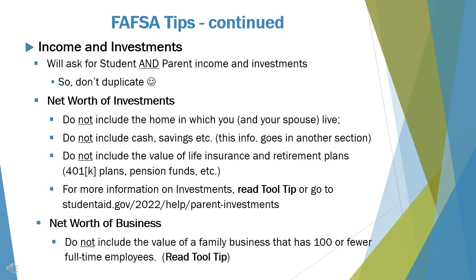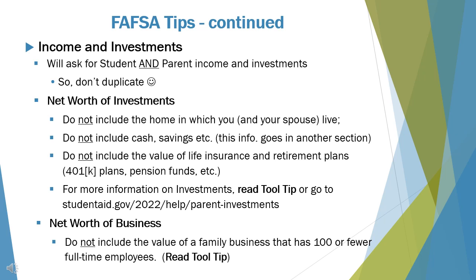When you are filling in the investments and business information, use the tooltips for more information. The tooltips will explain that in the net worth of investments section, you do not list the net value of the home in which you live. You do not include cash, checking, or savings in this area because it is listed in another section.